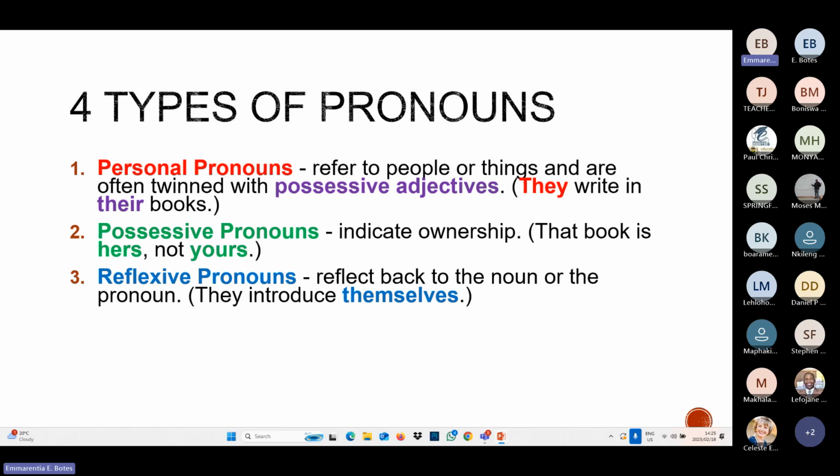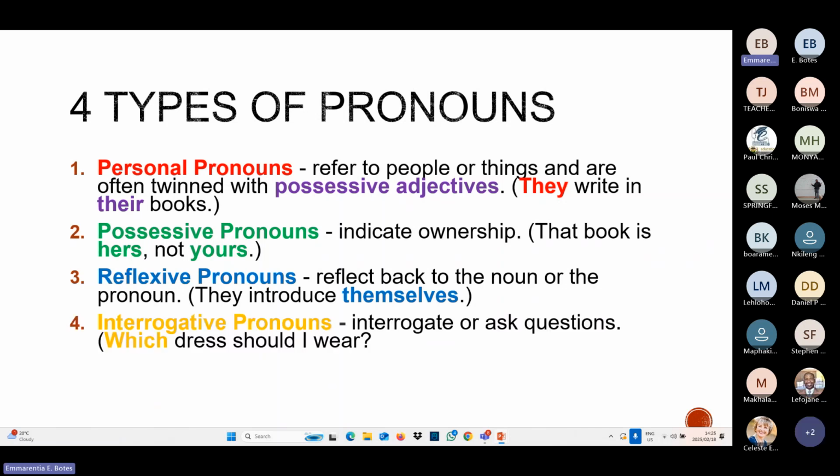The third type we looked at, reflexive pronouns. Reflexive pronouns reflect back to the noun or the pronoun. For example, they introduce themselves, where themselves is the reflexive pronoun, which reflects back on the pronoun they, the personal pronoun they.